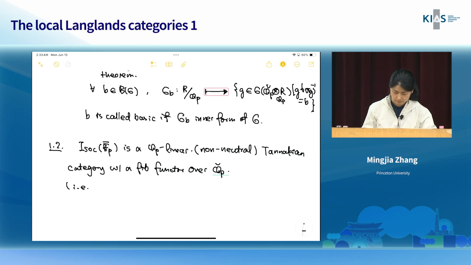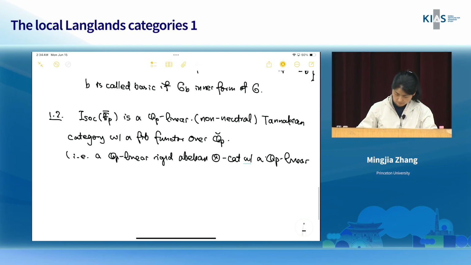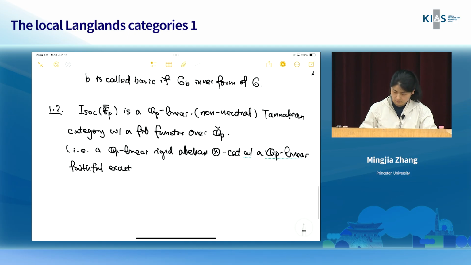Concretely, the sentence just means that Isoc F_p bar is a Q_p linear rigid abelian tensor category with a faithful and exact tensor functor into Q_p-breve vector spaces. And this fiber functor is clearly just forget the datum of the Frobenius and remember the Q_p-breve vector space.